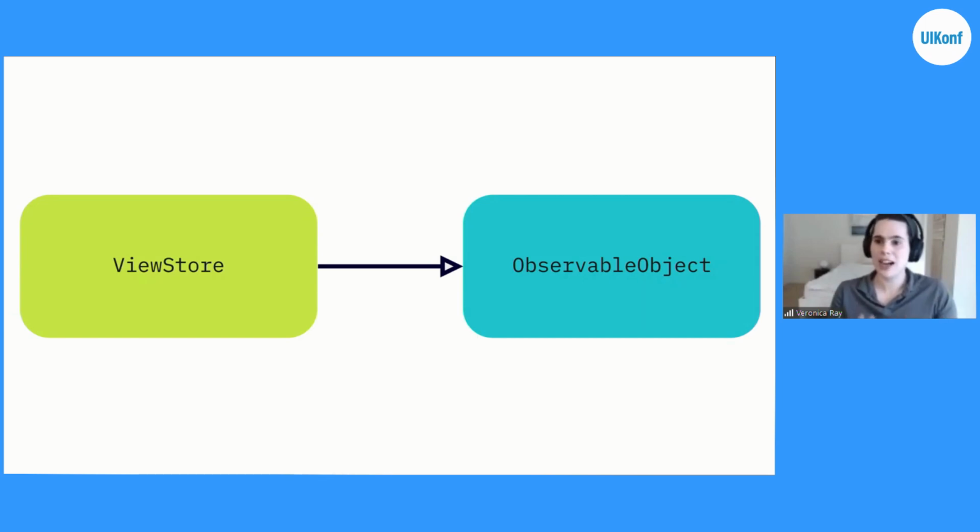You're getting notified when state changes that isn't on the view, isn't displayed on screen. And so instead of having this store as a whole conform to observable object, you're just having this view store conform to observable object.